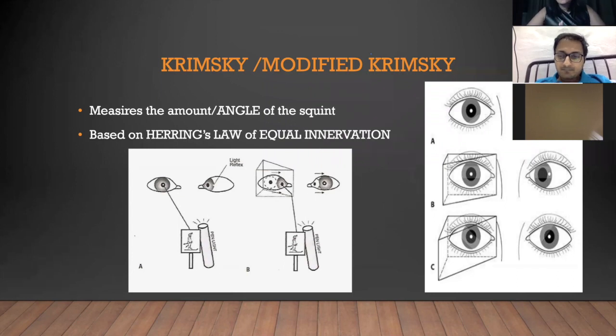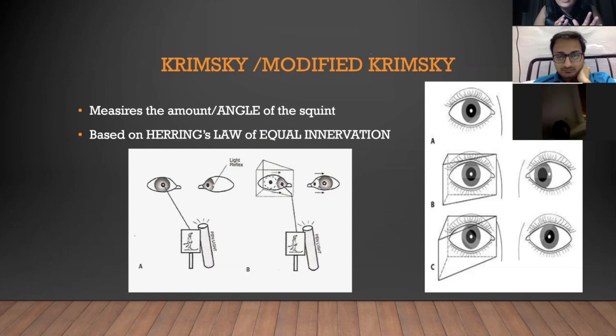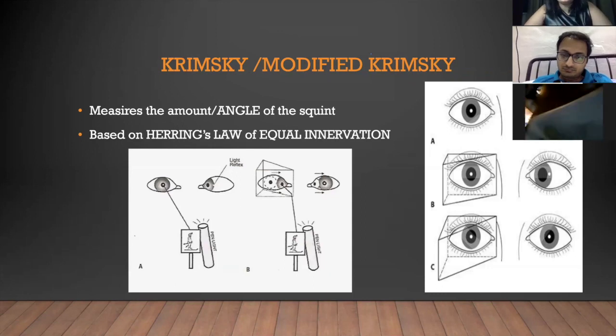Hence, when you have an eye which is squinting, say you have a left eye exotropia, you do not have the image falling on the fovea. The image on the left eye is falling on a non-foveal point. That means it is falling on a non-corresponding retinal point.